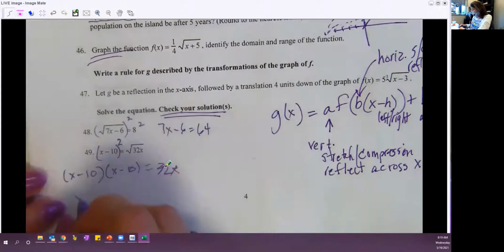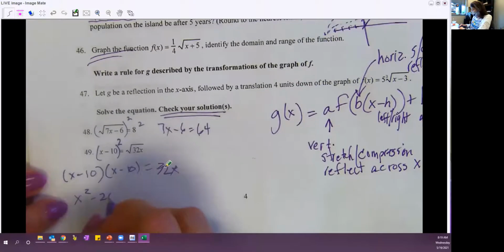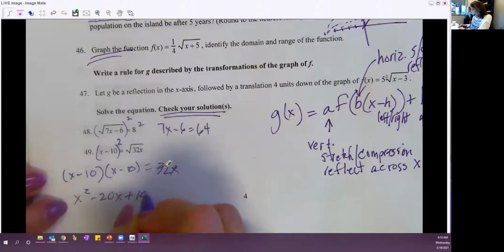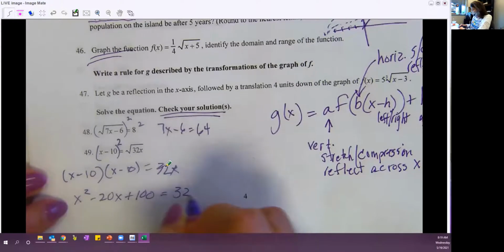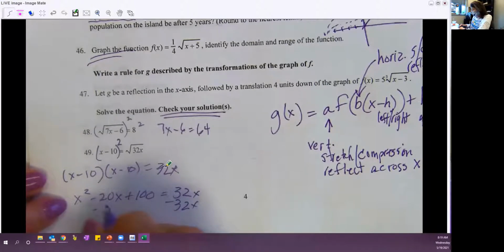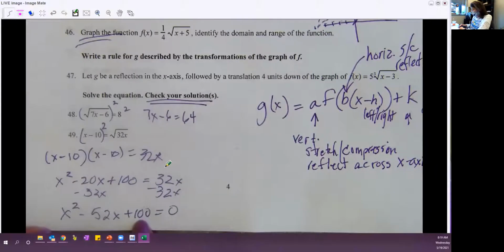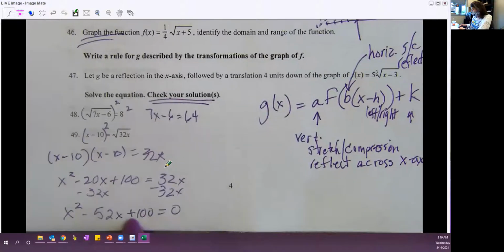So this becomes x squared minus 20x plus 100 equals 32x. So then we have to subtract this. So we get x squared minus 52x plus 100. The factors of 100 that add to 52, the plus sign here with 2 minus.